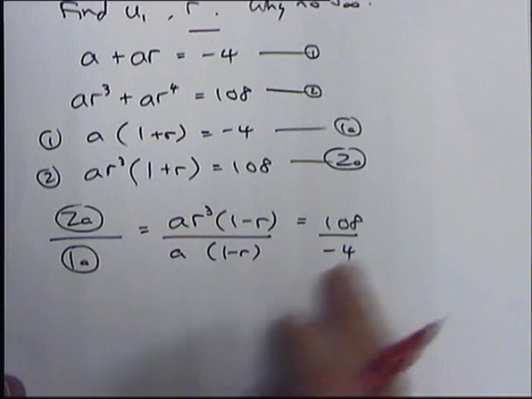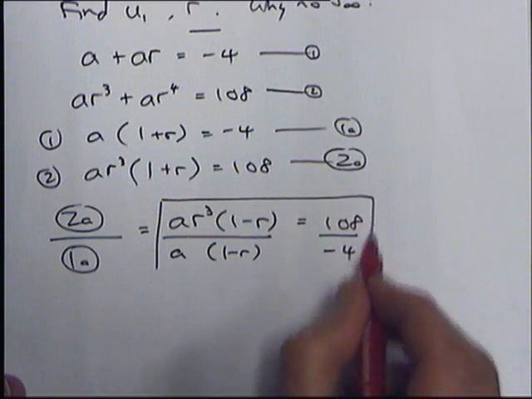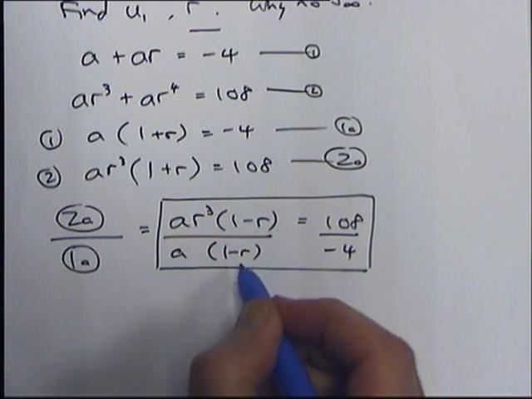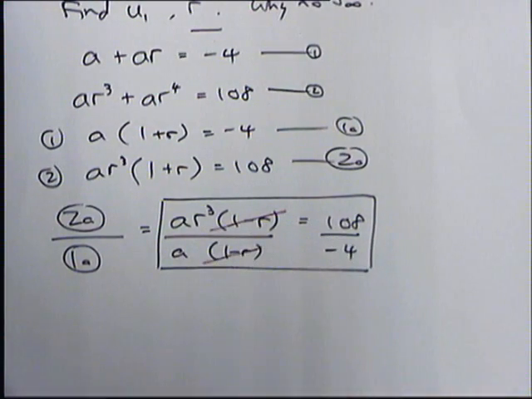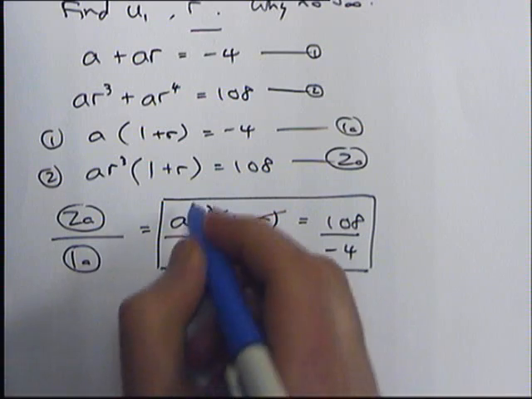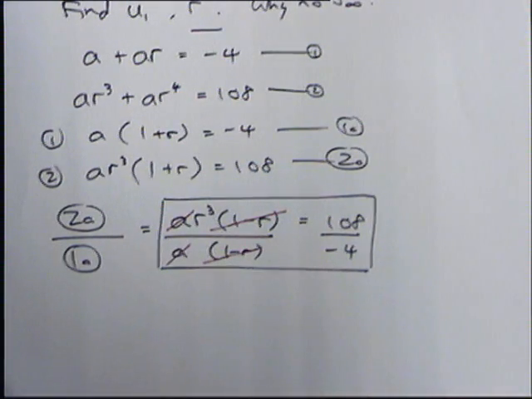And now I'm going to work with what I've got here. And because I'm doing a dividing here, I can do some cancelling. The 1 minus r on the top in a bracket will cancel with the 1 minus r on the bottom in the bracket. So I can strike those through, cancel them out. And also the a on the top and the bottom, I can cancel those as well.